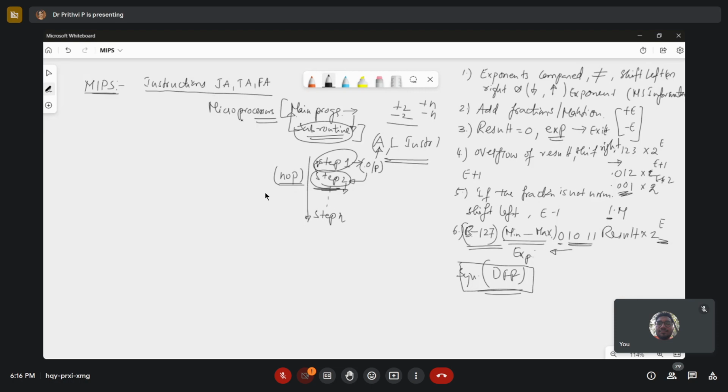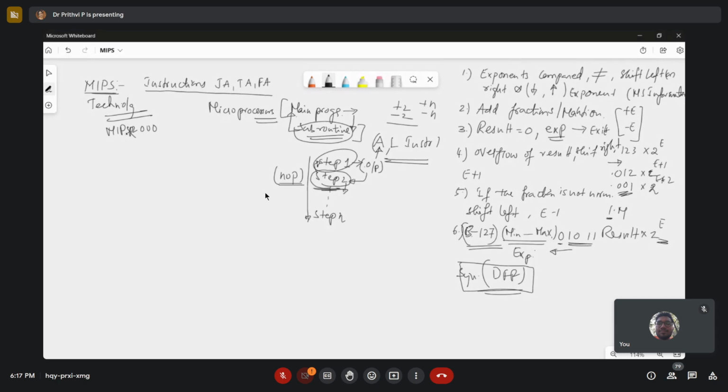Now this microprocessor is a complex digital system, the most complex digital system. MIPS Technologies, the manufacturer, produced the MIPS R2000.